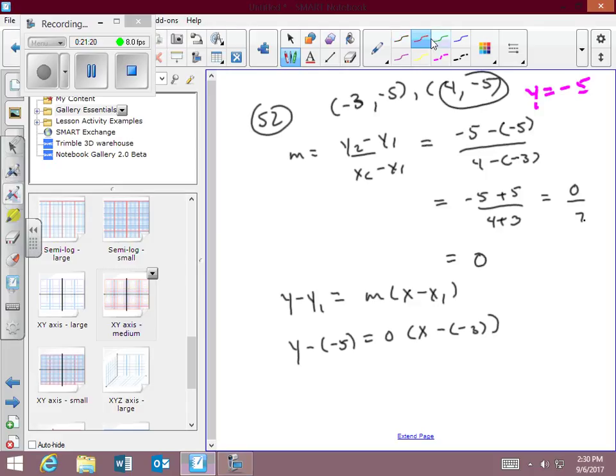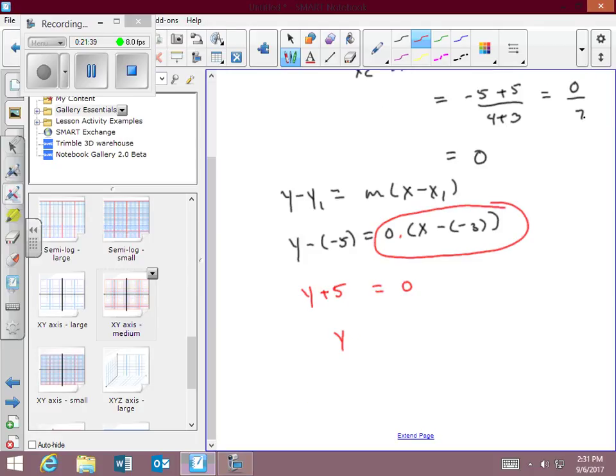Now, without going any further on that, when you multiply 0 times any number, what do you get? 0, don't you? So the right-hand side of this equation is 0, and the left-hand side is y plus 5. And that is going to be y equals negative 5.